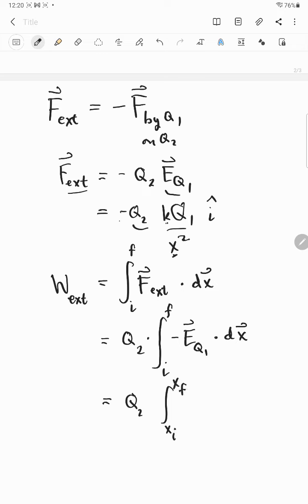These are two values of x, where x initial is further away, a bigger value than x final, because we're causing them to get closer to each other. And then I've got negative k Q1 divided by x squared i hat, and then dx i hat with a dot product.